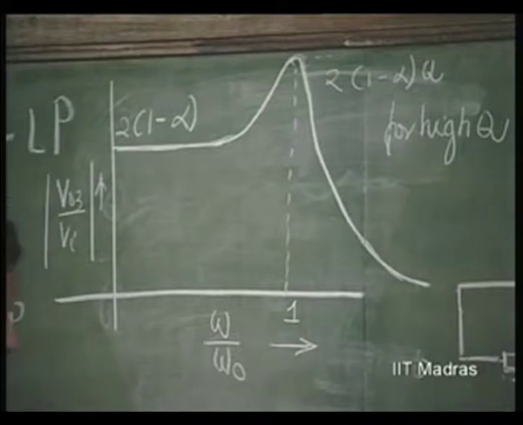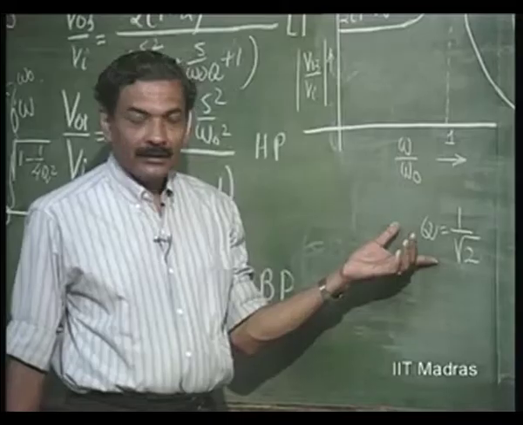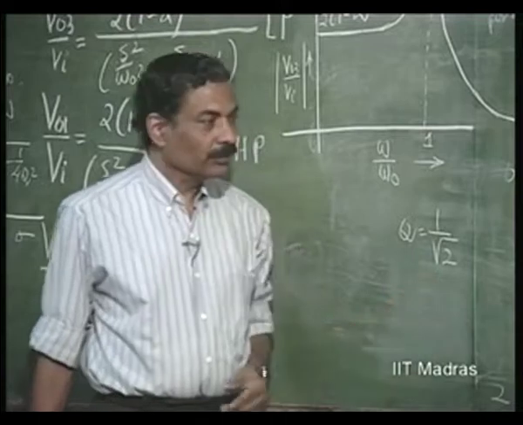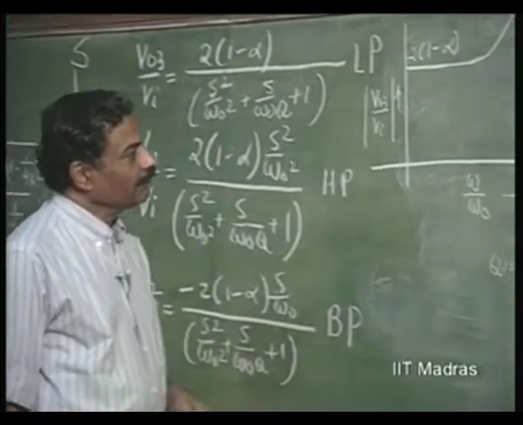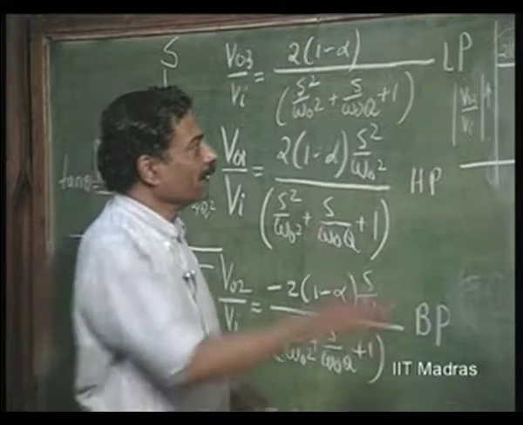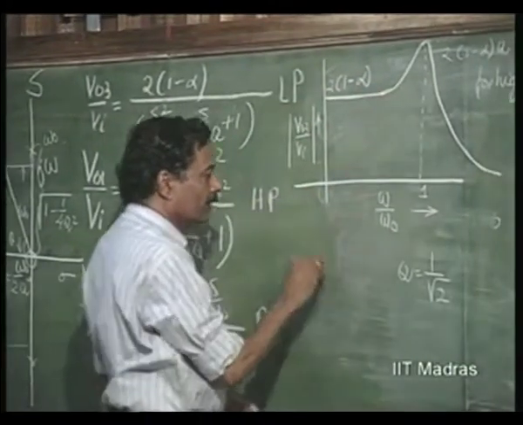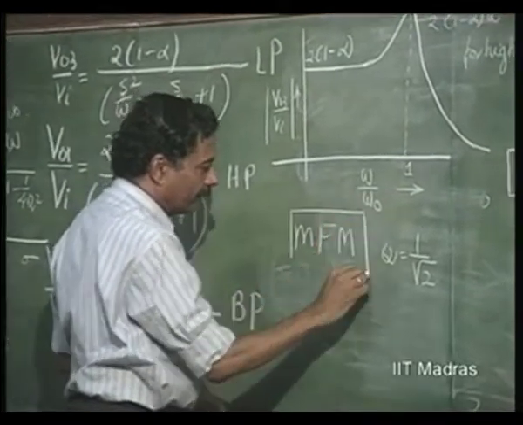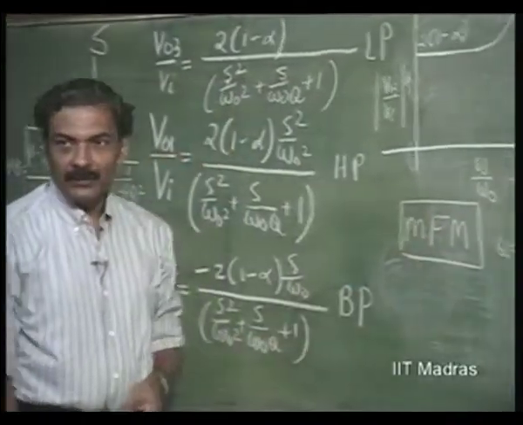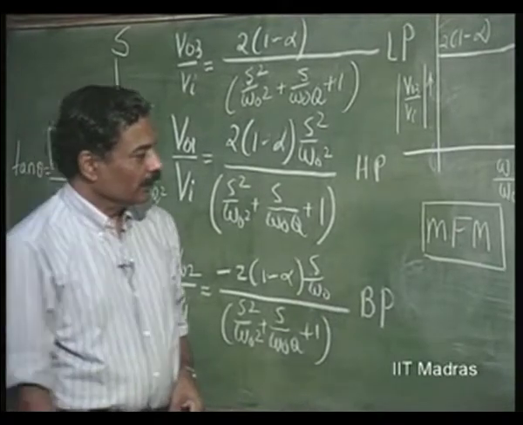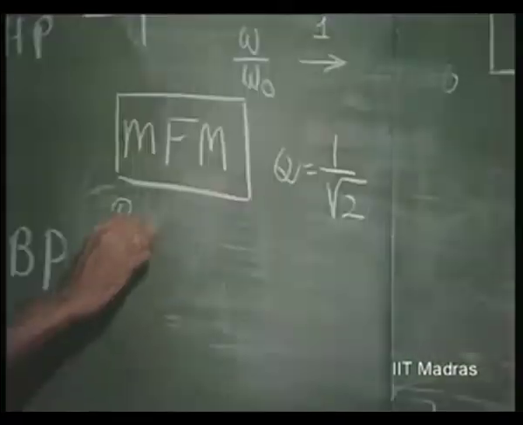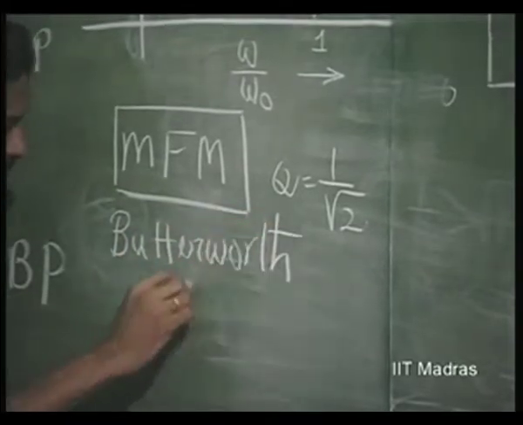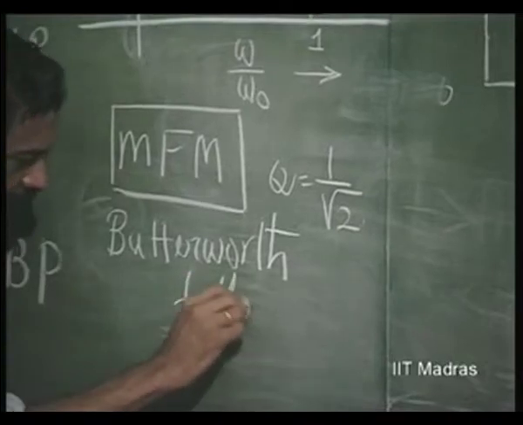Okay. So, you can show that this becomes very flat when q is equal to 1 over root 2, and therefore, you can design filters which become maximally flat amplitude, maximally flat magnitude. These are called MFM by making q equal to 1 over root 2. These are also called Butterworth filters.